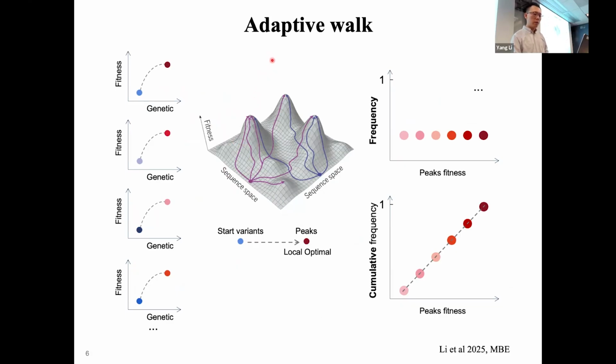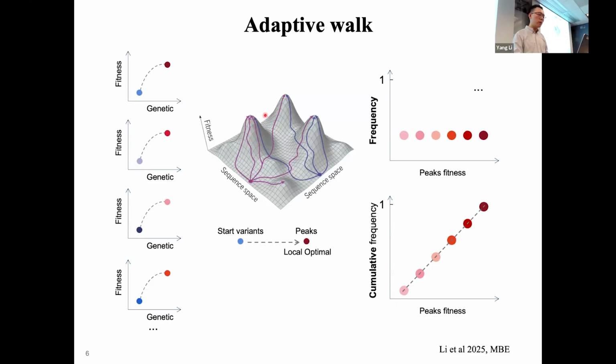Doing this kind of adaptive walk, we want to know, because evolution only favors high fitness, that after the selections the variants will end up at a peak.